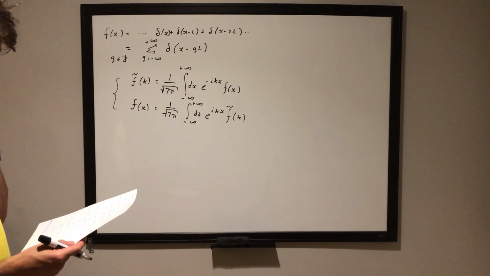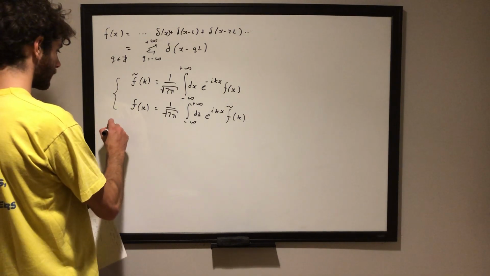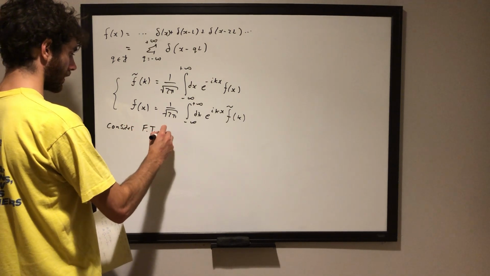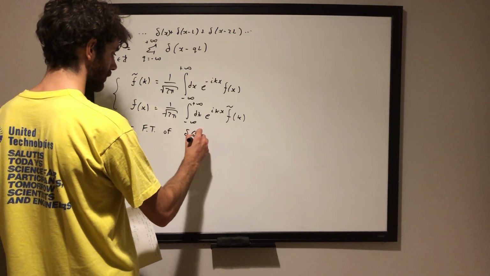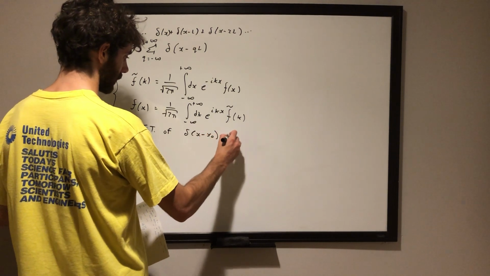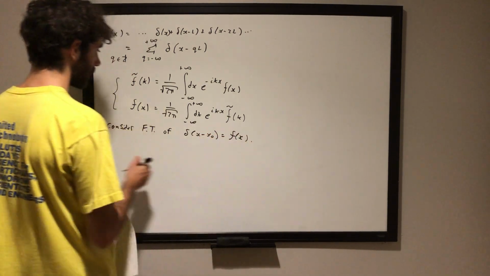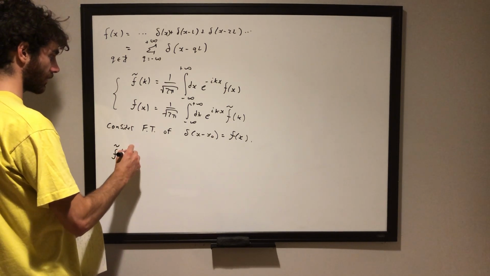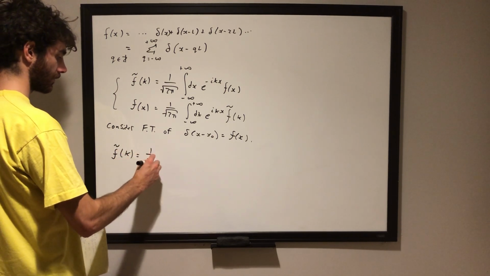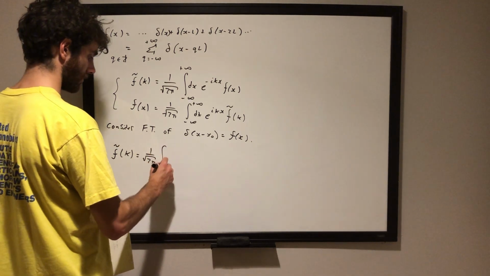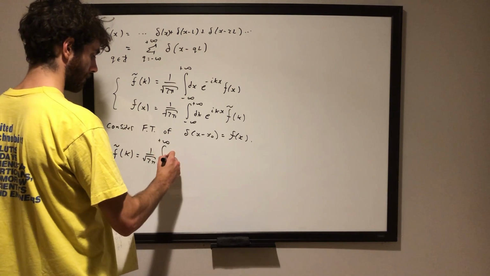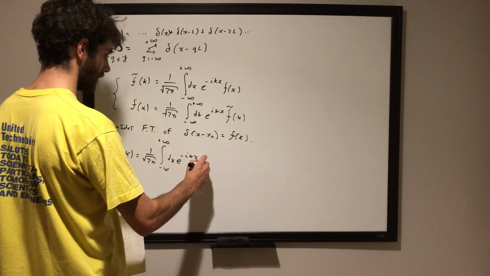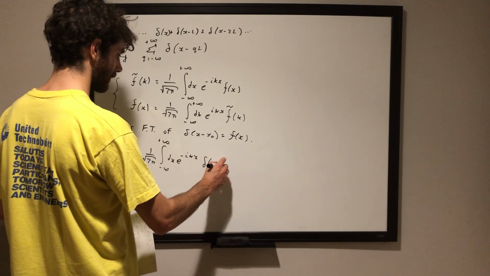And what we would like to do is consider the Fourier transform of the delta function. So we'll let that be our f of x. From this formula, we just go ahead and compute straightforwardly, where f of x is now the delta function.